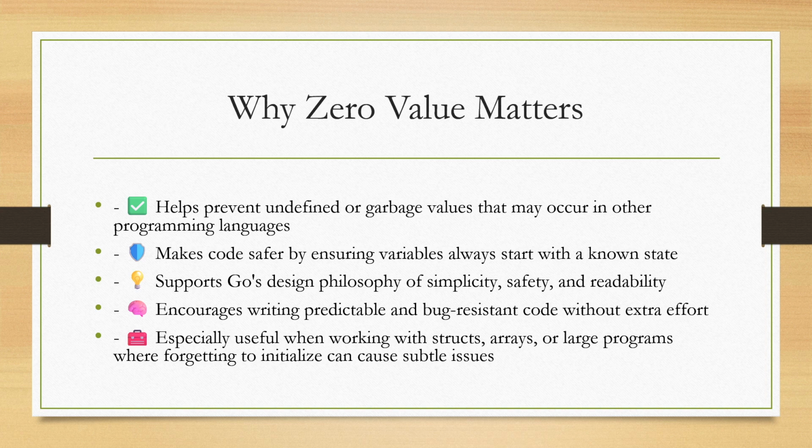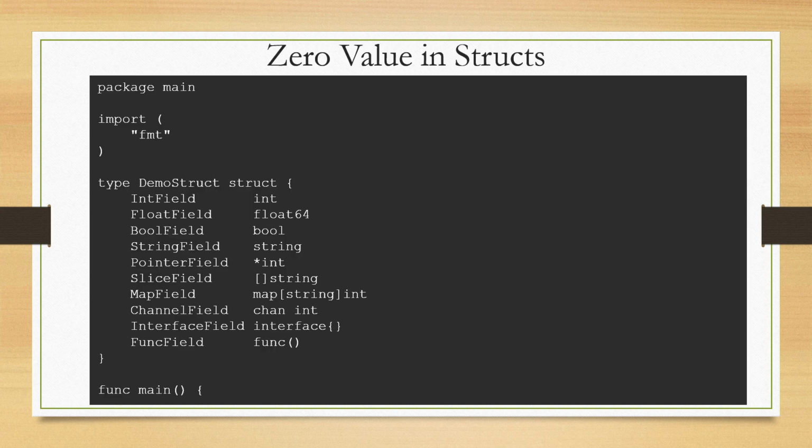Even if the user doesn't fill it in, the variable will not crash your app or behave strangely. It will just be zero by default, the zero value. So zero value may seem like a small thing, but it actually helps you write bug-free code without doing any extra work.